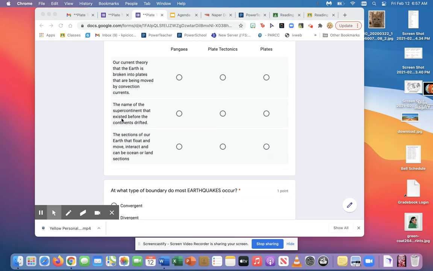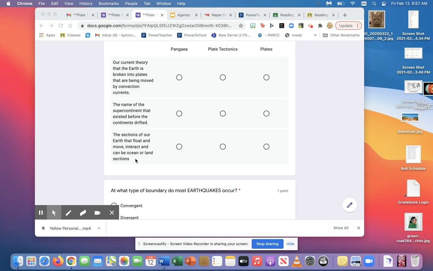Okay, next one. The name of the supercontinent that existed before the continents drifted apart. So this was the name for when the continents were all hugging each other and all together in one giant landmass. Was it Pangea, plate tectonics, or plates? And then the very last question, the sections of our Earth that float and move, interact, and can be ocean or land sections.